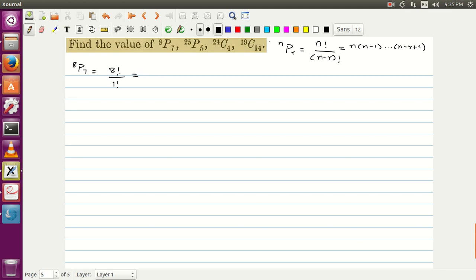So this is simply 8 factorial, and 8 factorial, if you do it, its 6 factorial is 720. So 8 factorial would be 720 times 56, because 8 times 7 is 56, right?